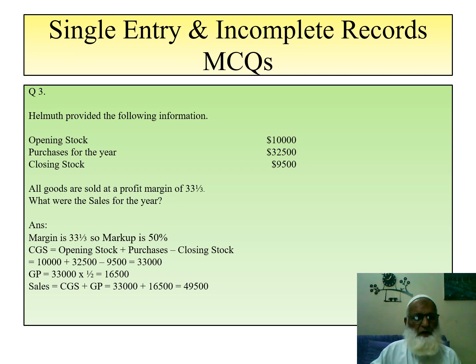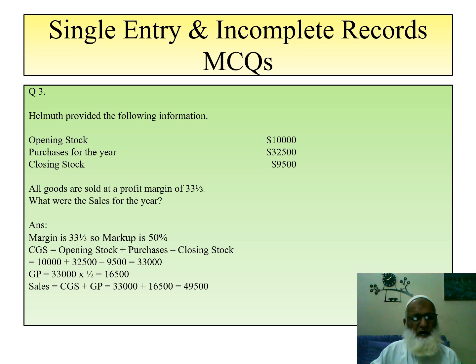Okay. And how to find out the cost of goods sold: it is equal to opening stock plus purchases minus closing stock. This is the cost. This gives us the cost of goods sold, and gross profit is equal to 33,000 into 0.5, or half.